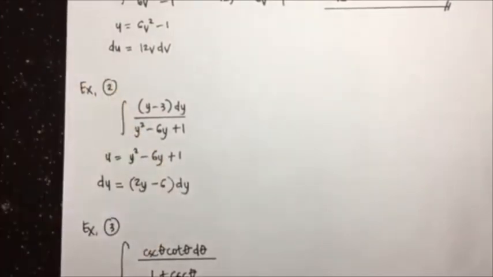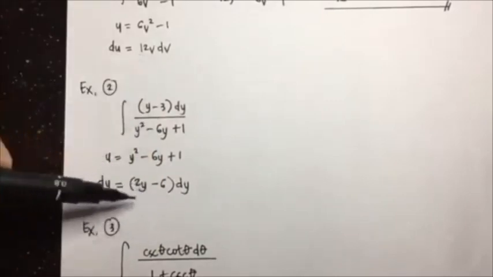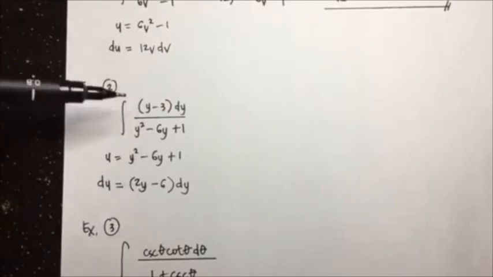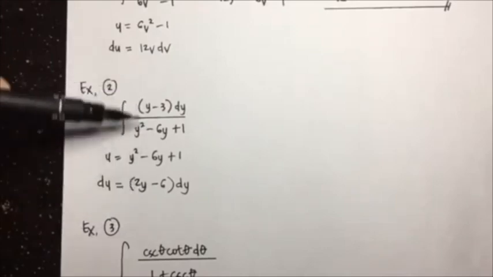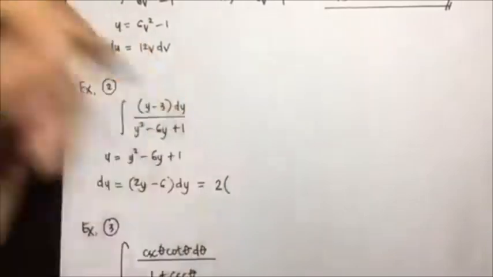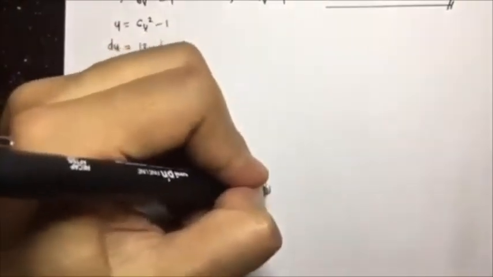As you can see, this should be our numerator. We have a missing factor of 2 in the numerator, because if we factor out 2 here, this will become 2 times y minus 3 dy.